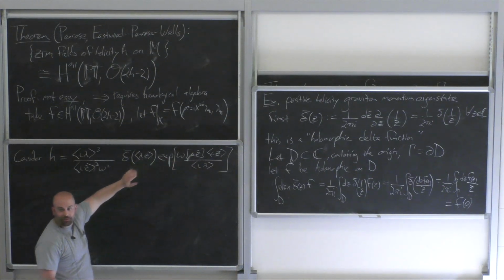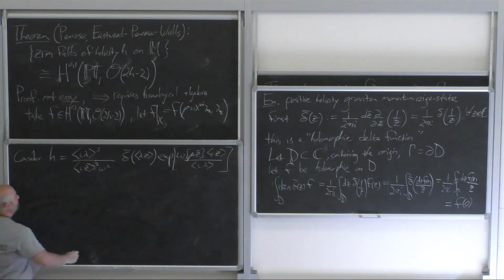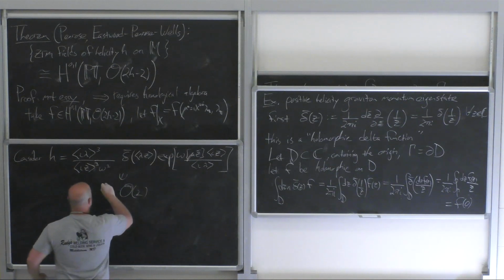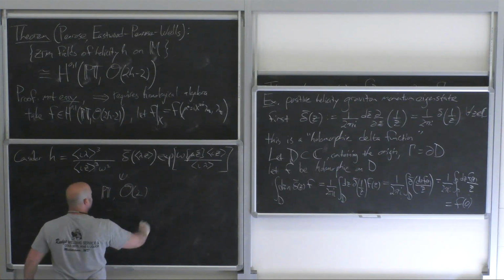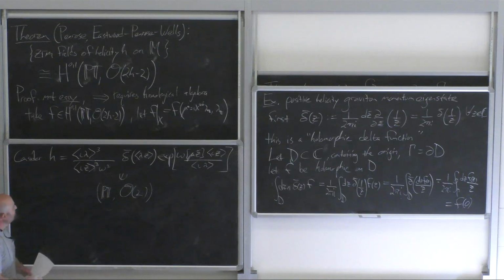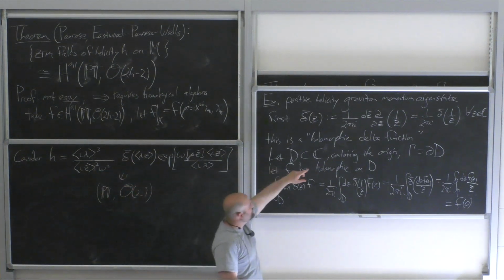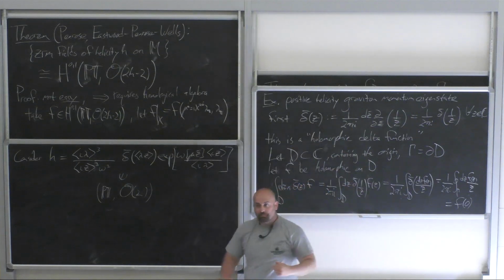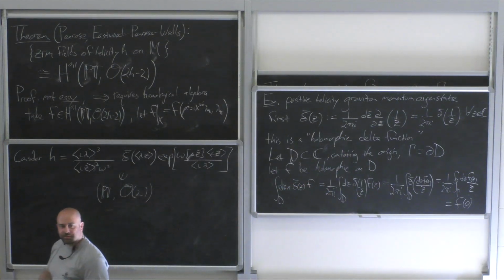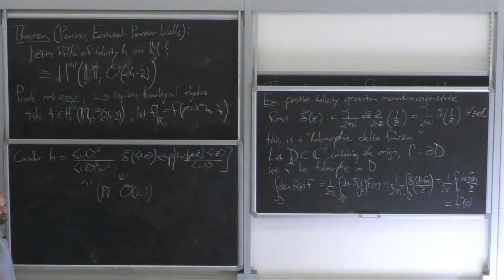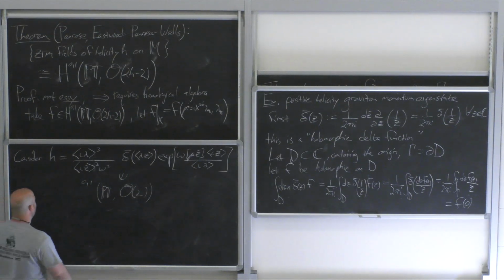So this thing lives in curly O of 2. It's also a 0,1 form because of this delta bar. Delta bar isn't just a function, it has this exterior derivative piece, and it points in an anti-holomorphic direction. So this is some sort of 0,1 object on twistor space.